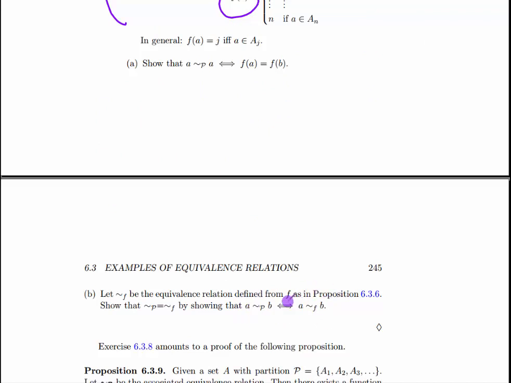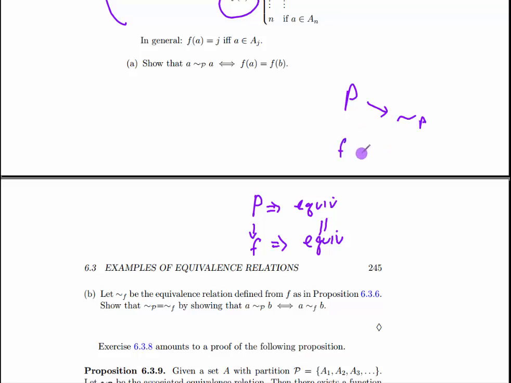Just to say again, partitions produce equivalence relations. Functions produce equivalence relations. I can produce from this partition a function that gives the same equivalence relation. You can draw that picture. It might be better actually to do it this way. Partition goes to equivalence relation.